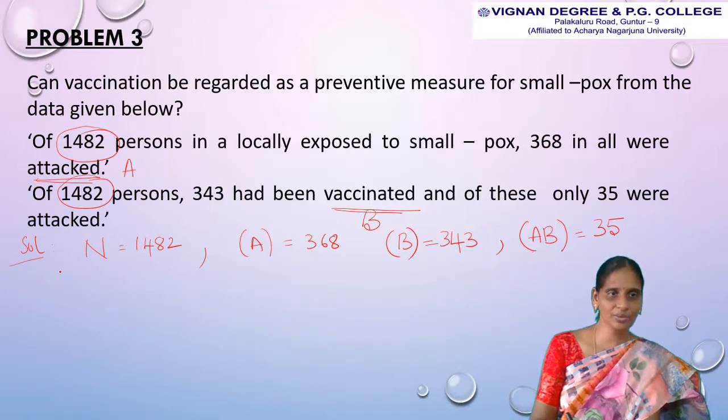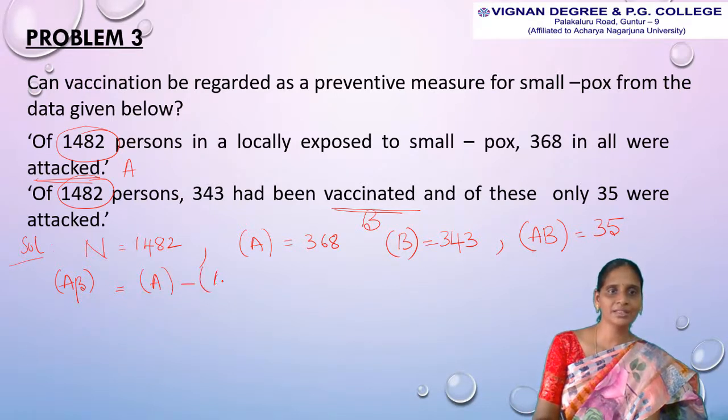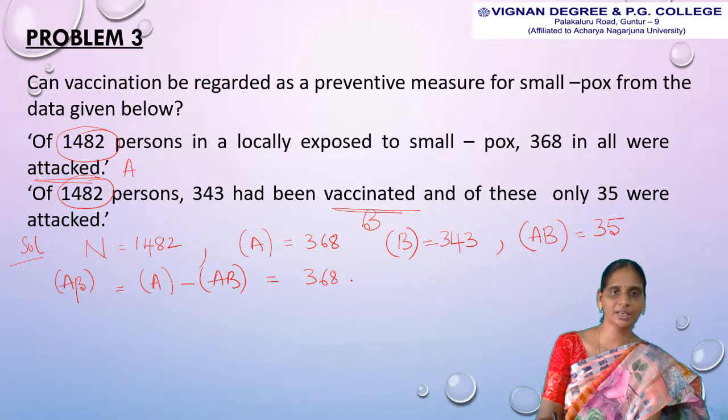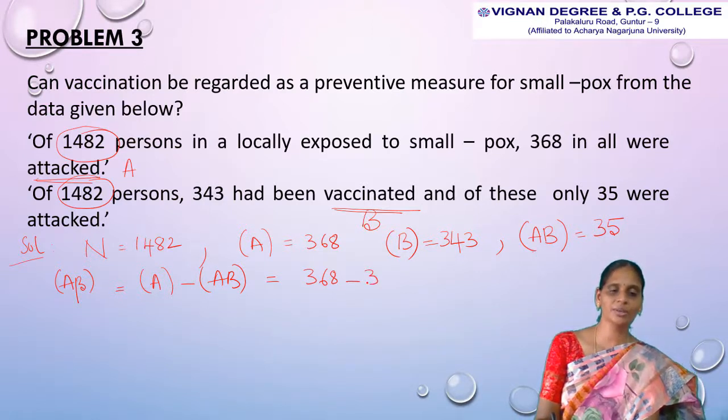First, frequency of A beta can be written as frequency of A minus frequency of AB. The value of frequency of A is 368 minus frequency of AB, 35. So we get 333.